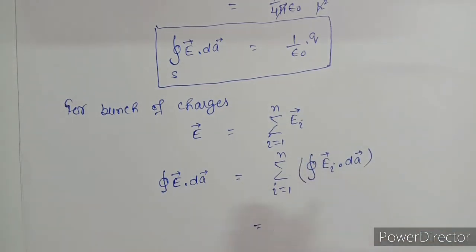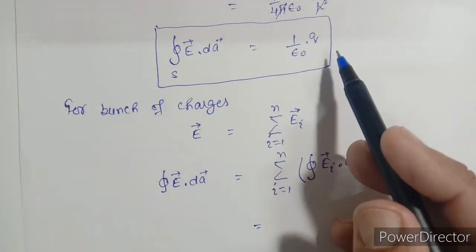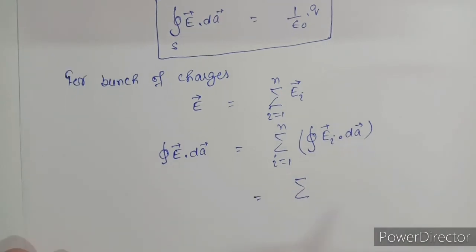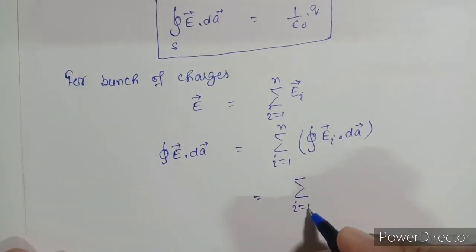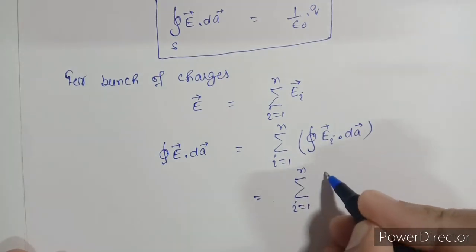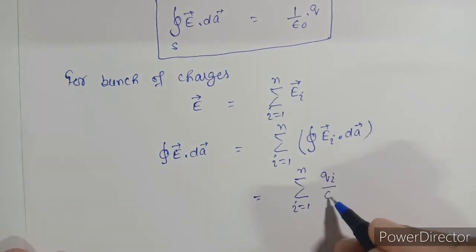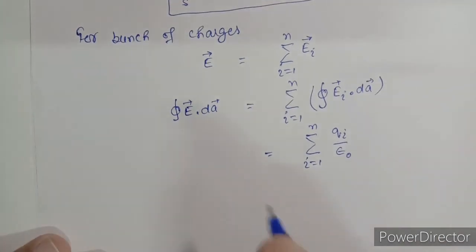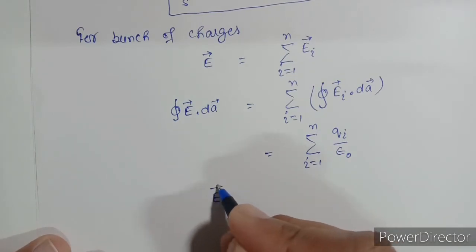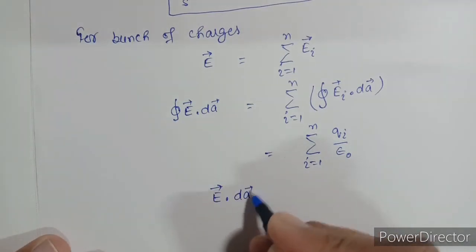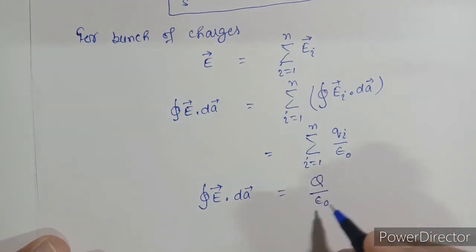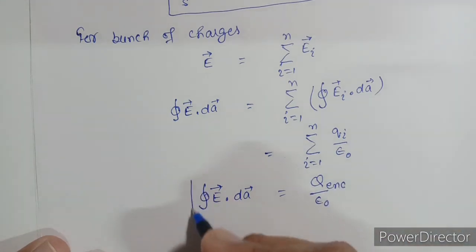Because each term is equal to 1 over epsilon naught times q, we can write the summation, i equals 1 to n, of qi over epsilon naught. Okay, or finally, to generalize this expression, we can write the integral of E dot dA is equal to q enclosed over epsilon naught.